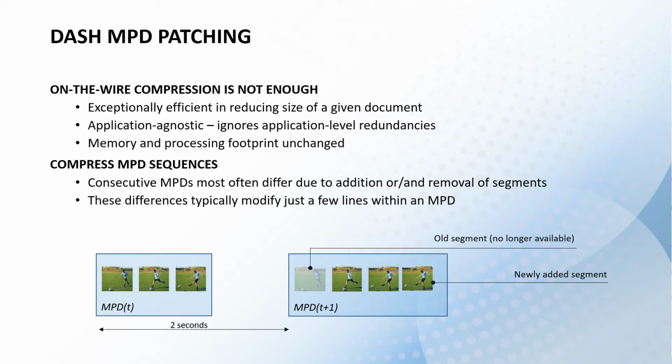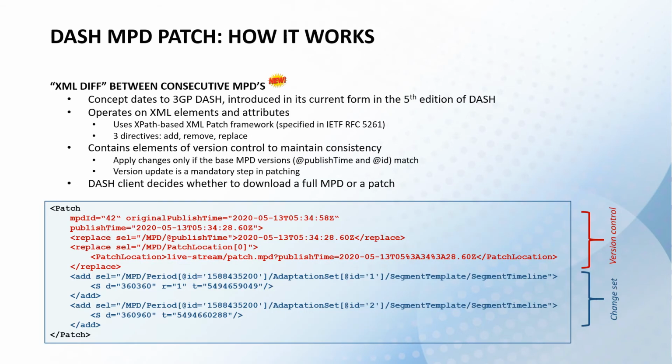Now, we've seen that the worst case of an MPD size is actually half a meg. Why would you download half a meg when you only need 4 lines? This is exactly what people thought when they introduced MPD patches. The original patch was very similar to the Unix diff utility, and 3GPP invented it and intended to operate on the MPD as a file.